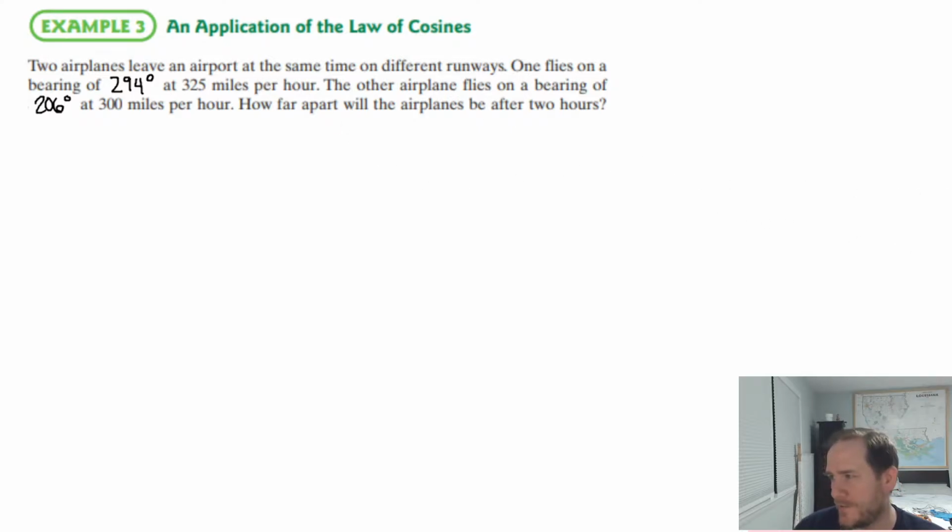How far apart are the planes is just part A. But there's a secret part B that also needs to know a heading.